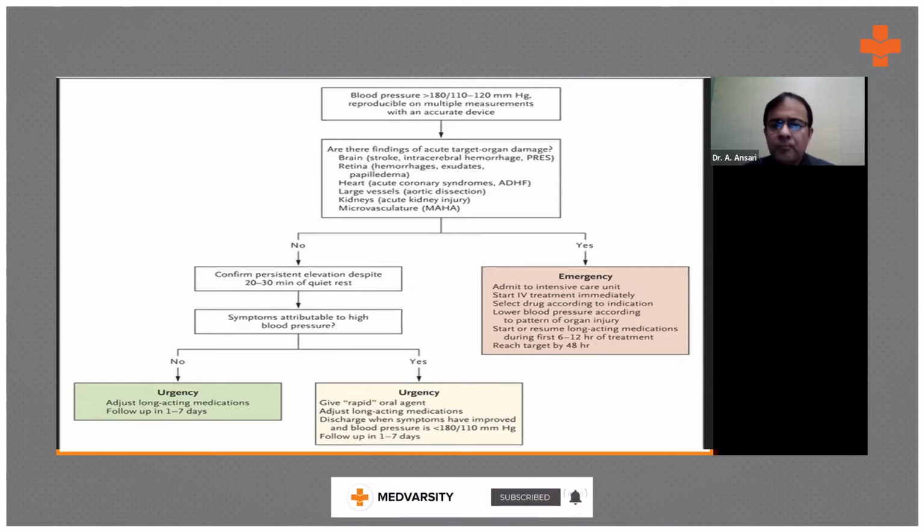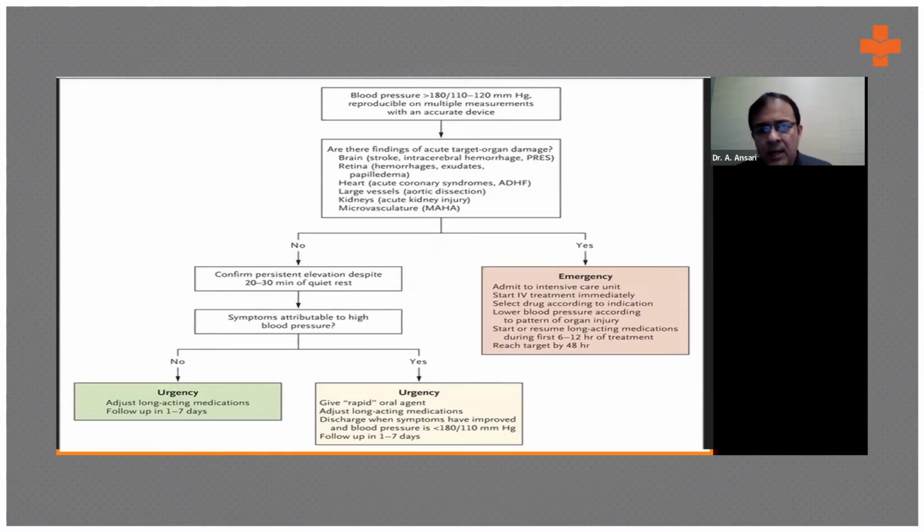If there is persistent elevation despite 20 to 30 minutes of quiet rest, and the symptoms are not attributable to the blood pressure, it is an urgency. Here you are going to give a rapid oral agent, because they are not damaging the target organs, so we can control it via oral medications.